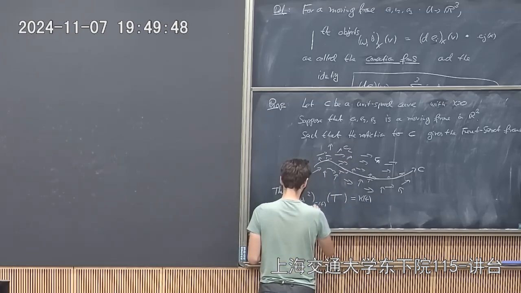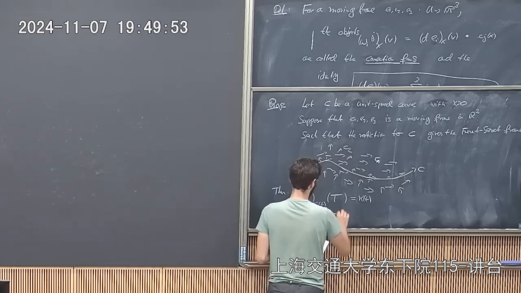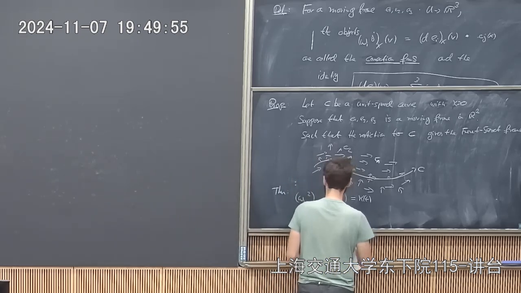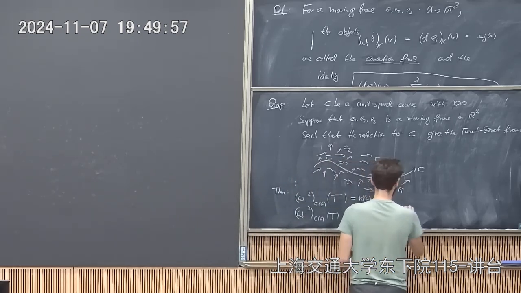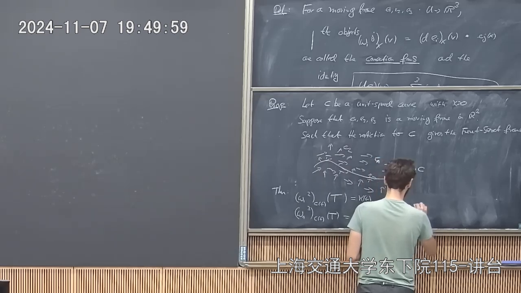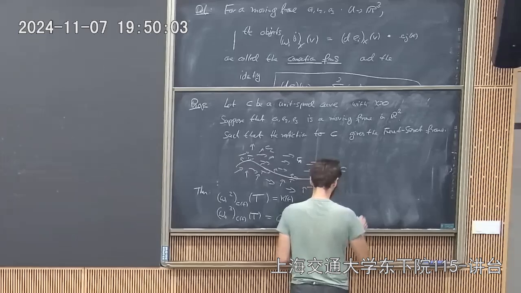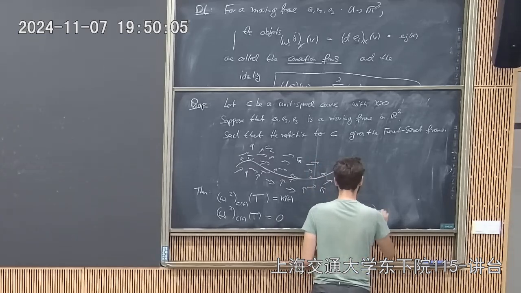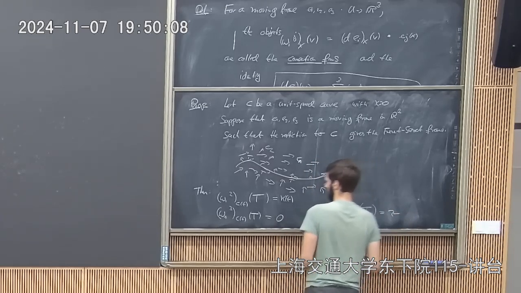Omega 1,3 of C of t in the t direction is 0, and omega 2,3 in the C direction gives us tau.